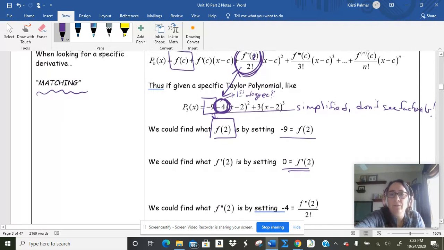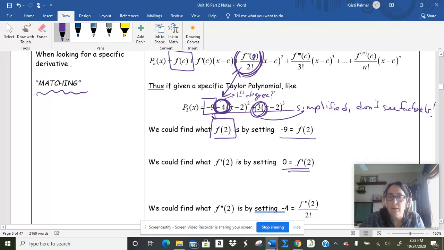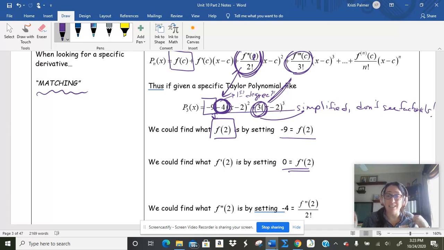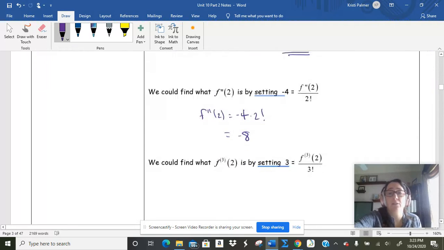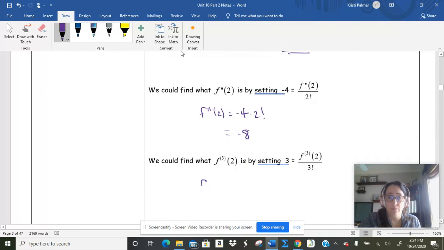Same thing with that third derivative. This has been simplified, so I'm going to set it equal to what it would have been with all the factorials. The biggest mistake that kiddos make on the test is they forget about the factorial for second degrees and above, because you don't see them on the 0 and first degrees. So I set those two equal.